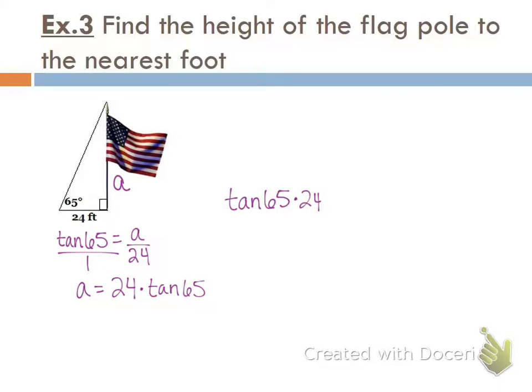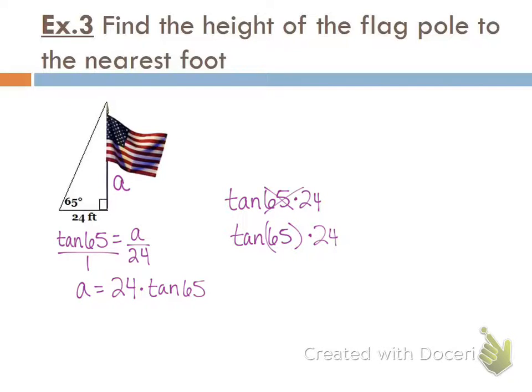Negative root 3. Yeah, it's not right. This doesn't work. Now, if you were to type it in tangent of 65, close those parentheses that your calculator opens, and then type in your times 24, then it would work.